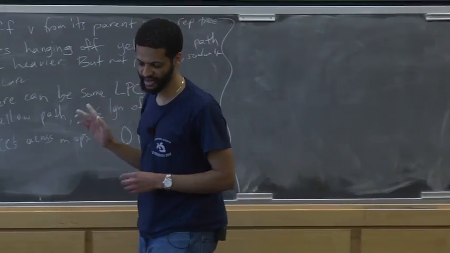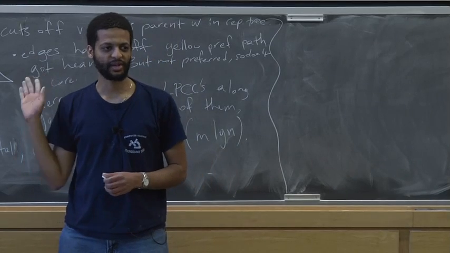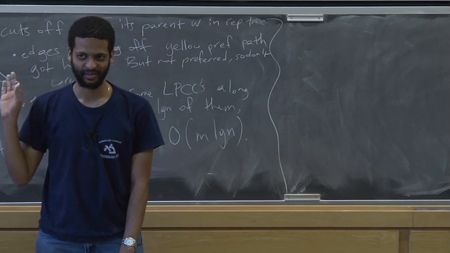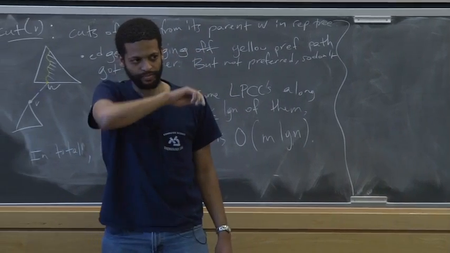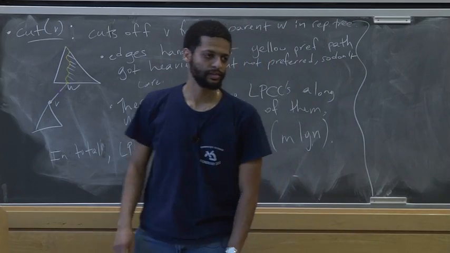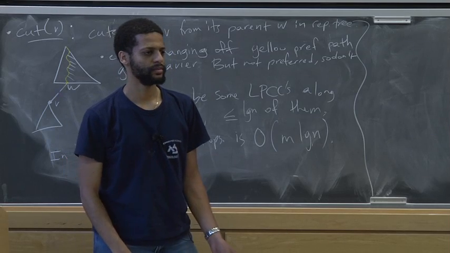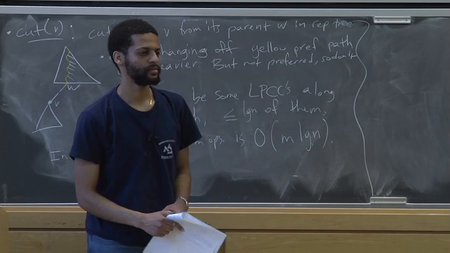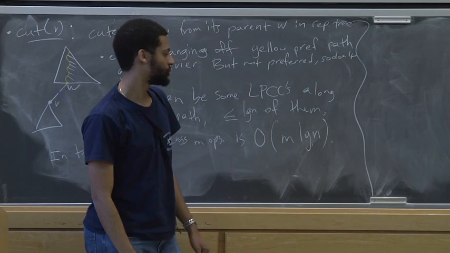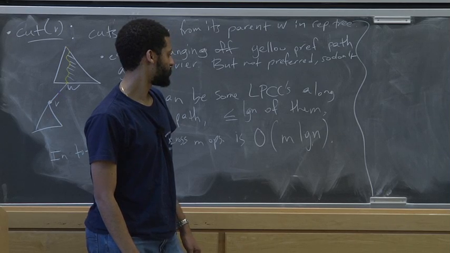You can go through and look at it yourself if you want, but these are the three, I think, that require the most work, and they weren't even that much work. So the overall number of PCCs had an additive n, right? So you have the overall time O of n plus m log n.